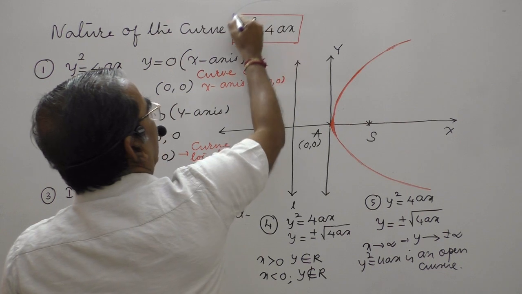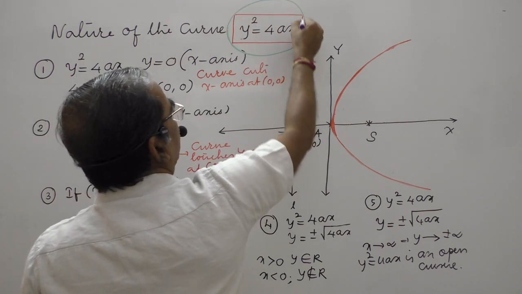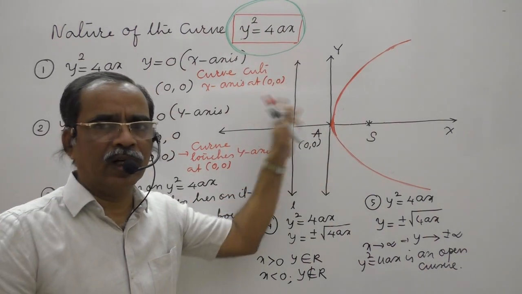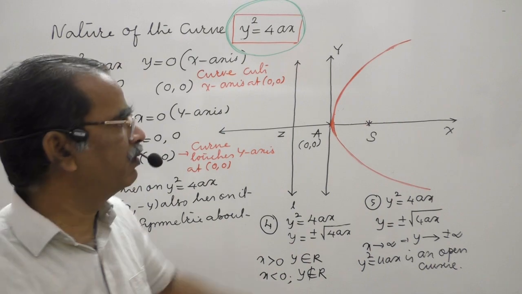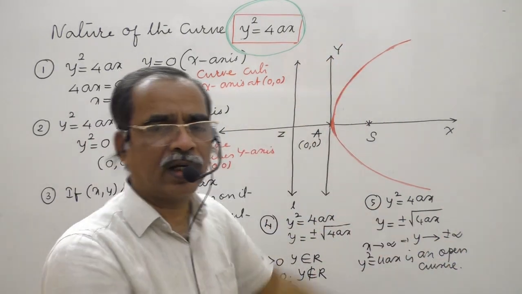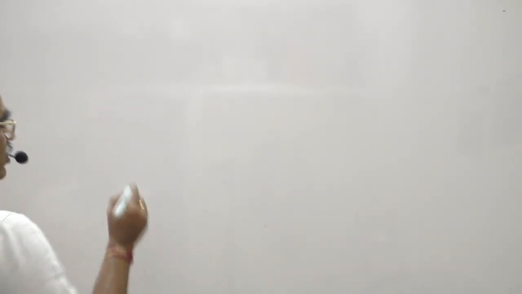So far we have studied y square equal to 4ax only. Yes, this is the figure. Parabola y square equal to 4ax will be like this, which is an open figure. Area cannot be found. We have seen the nature of y square equal to 4ax.